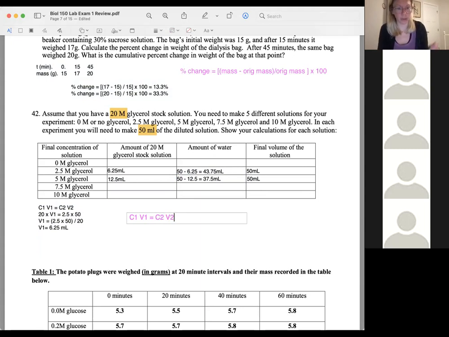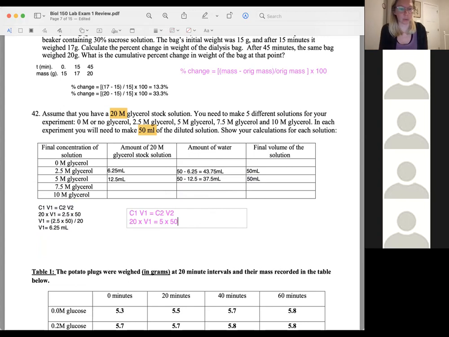All right, so our C1, our starting concentration, is still that 20 molar solution. And V1 is our unknown. So we don't know how much of that 20 molar solution we need. But we want to make a 5 molar solution, and we know we want to make a 50 milliliter volume.